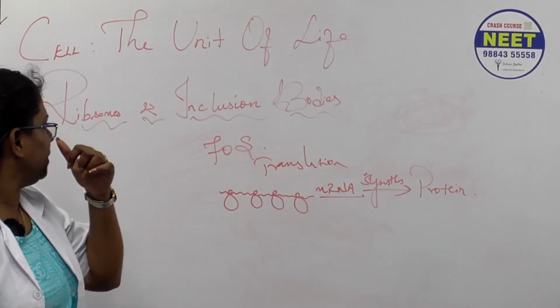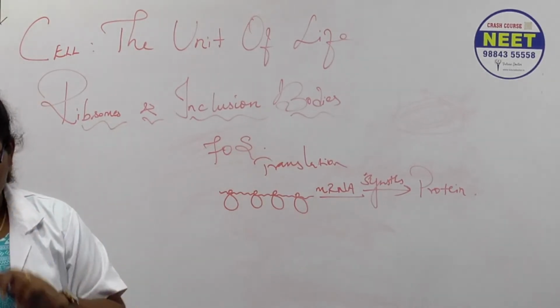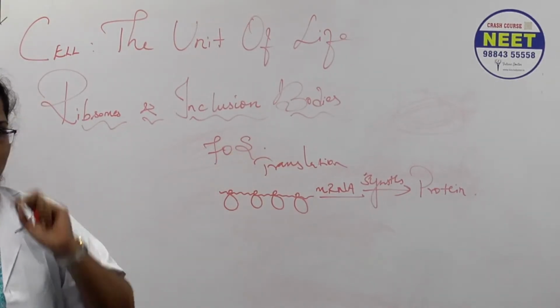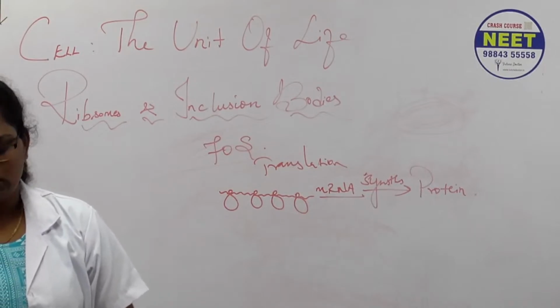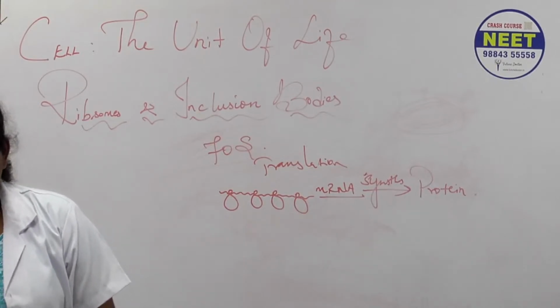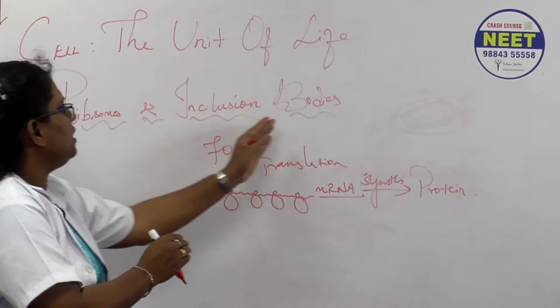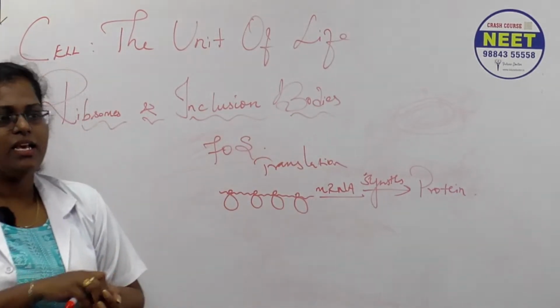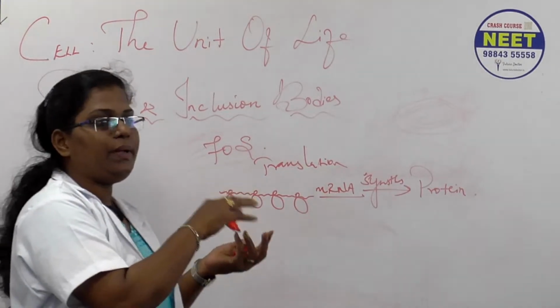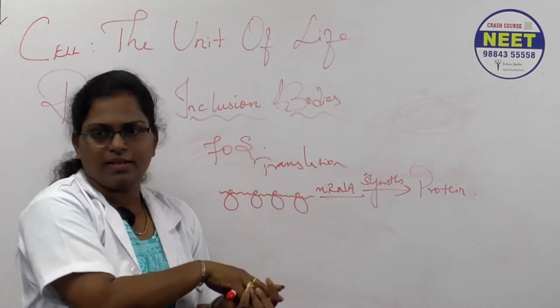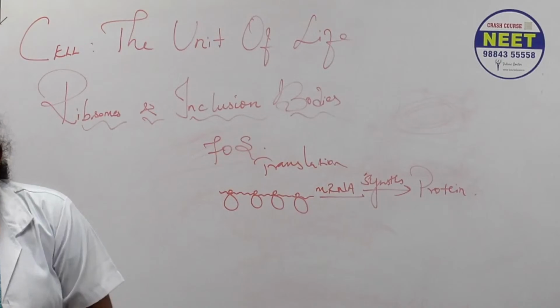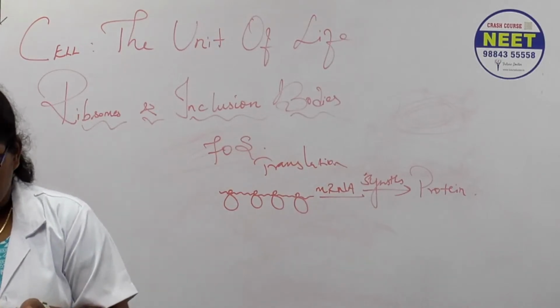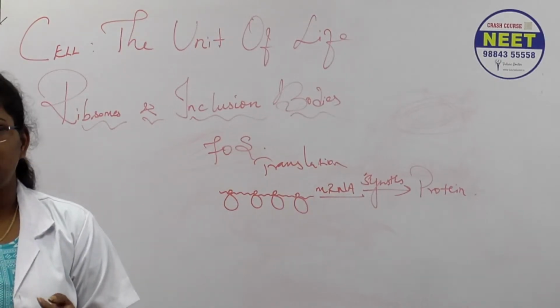Then inclusion bodies. What are inclusion bodies? They are also a kind of organelle that stores some materials. Reserve material in prokaryotic cells is stored in the cytoplasm.